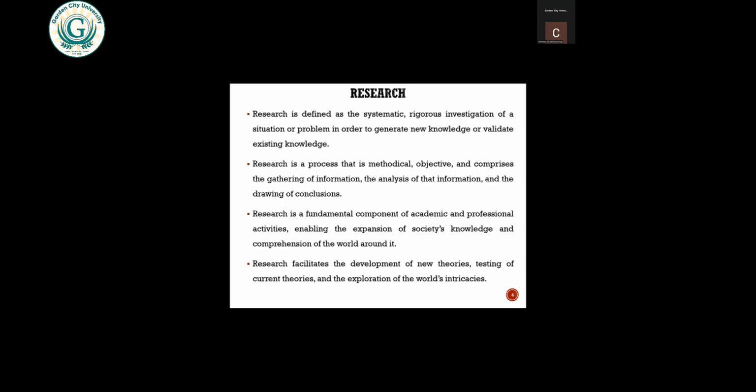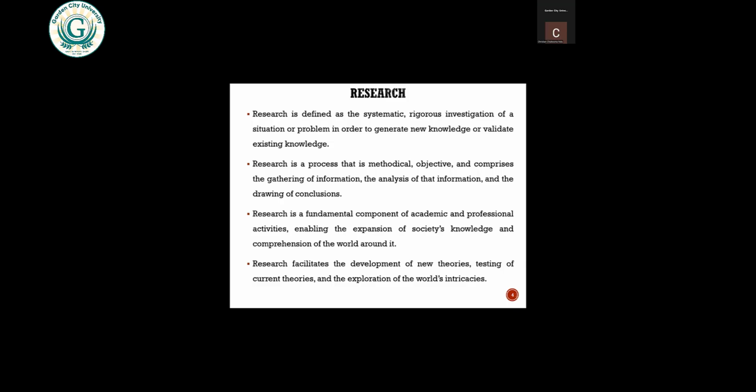Research is a process that is methodical. It follows a method. You don't just wake up and start doing research. You will have to follow laid down procedures. And it is objective. We don't put our feelings inside research. What we are searching for, it is either there or it is not there. We try to remove all subjectivity from our research. So we are as objective as possible.